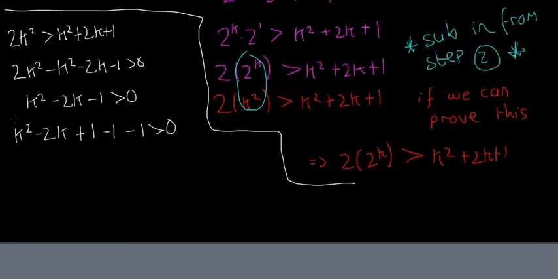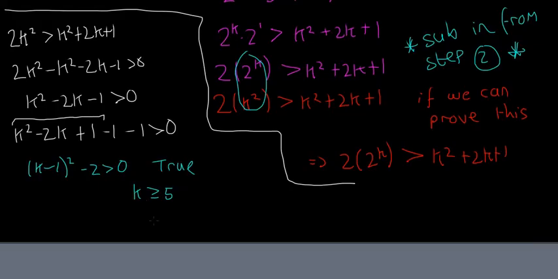So we have a perfect square here, you might see. So I'm going to continue in blue. So that's going to be k minus 1 squared, and then minus 1 and minus 1 is going to be minus 2 is greater than 0. So this might not look perfect, but this is always true because k has to always be greater than or equal to 5. So if you sub 5 or 6 or any number higher in, this is always going to be true.